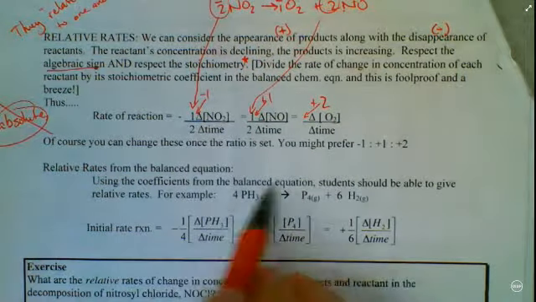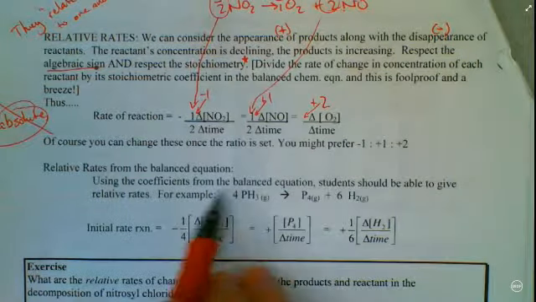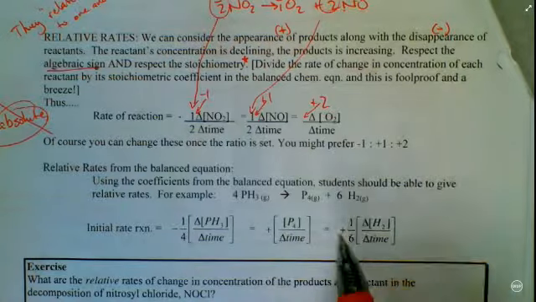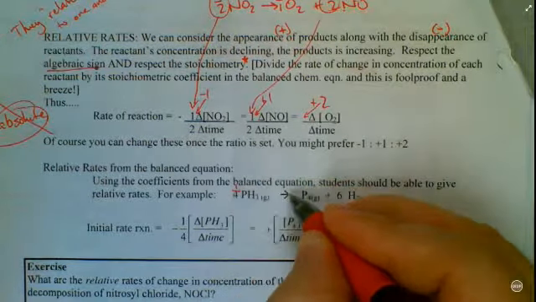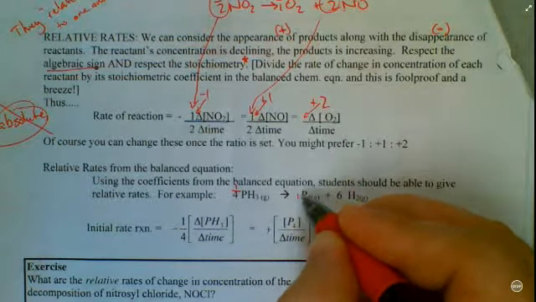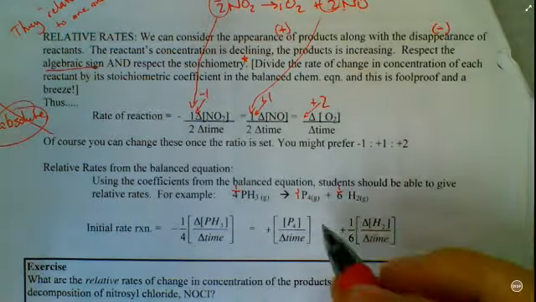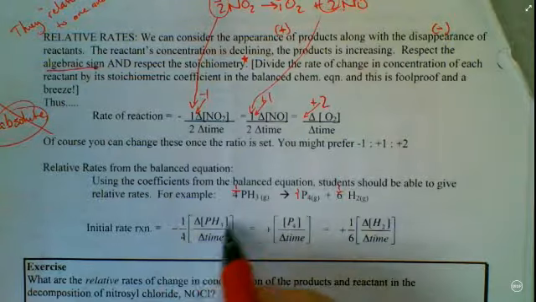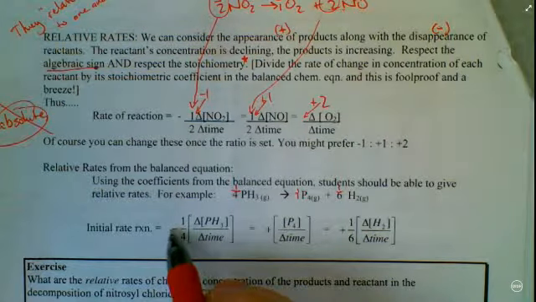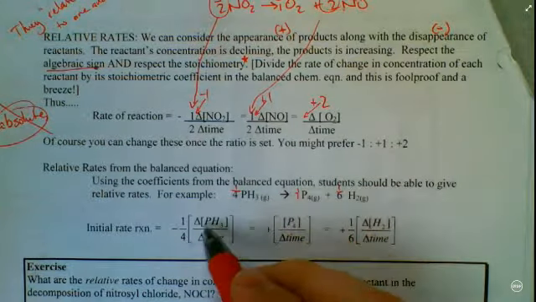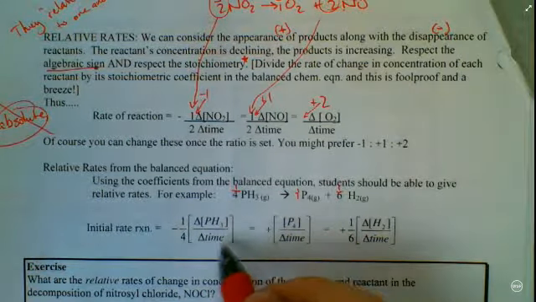So, again, let's show how we do the same thing with a different equation. Balanced chemical equation, I'm going to just stick a -1. There's a 1 here, so that's understood. -1, -1. And I have the negative sign because this is a reactant. It's disappearing. Negative slope. Think back to your graph. It's my change in PH3 concentration over that time.